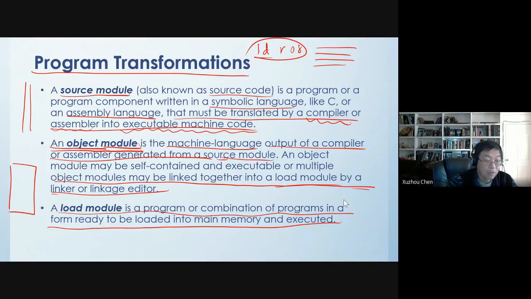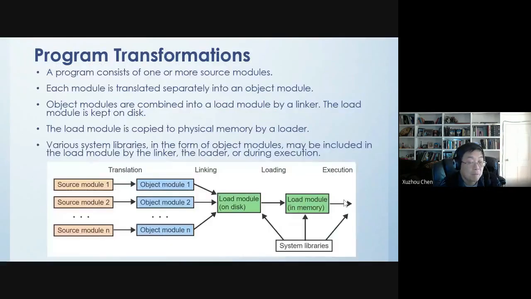The load module can be organized into the structure that you can actually load into the memory, so it has the same structure as the memory structure. So that's why you have to do certain transformations from one format to the other.